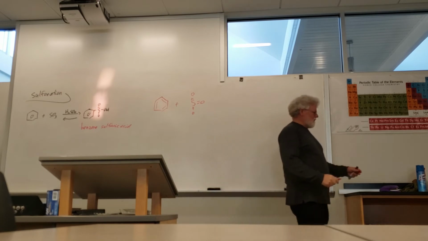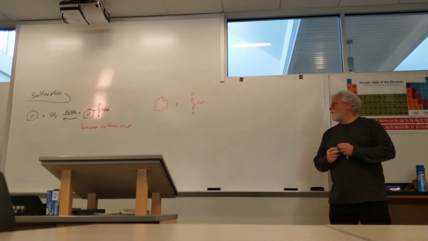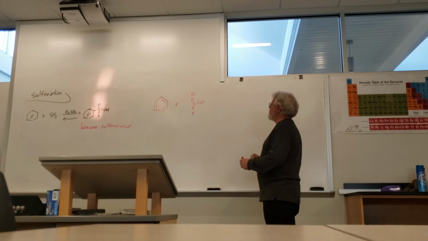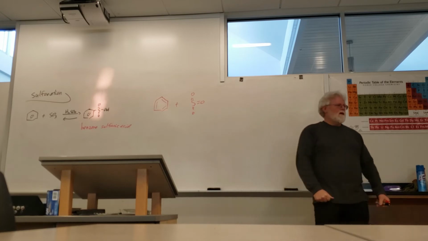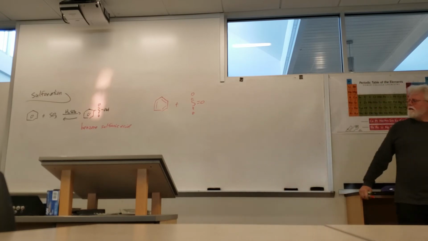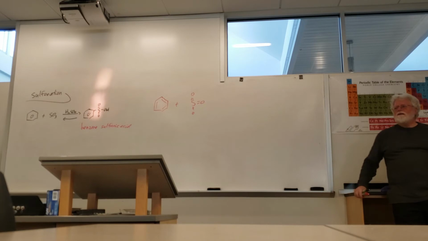Sulfur trioxide, one of the best Lewis structures you can draw, looks like this. Does that look like an electrophile?